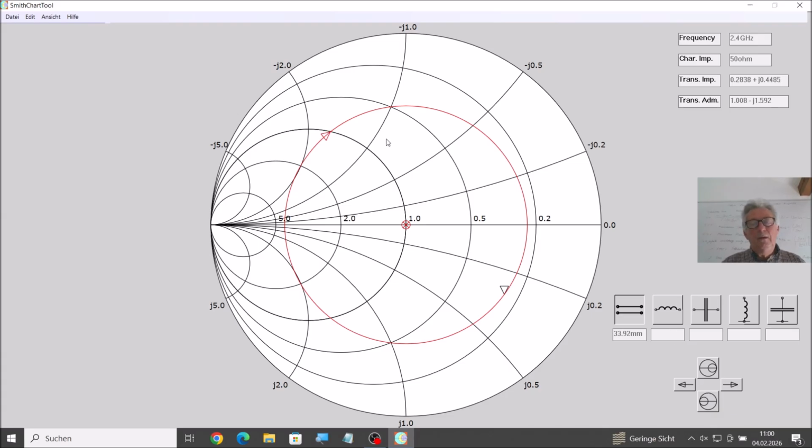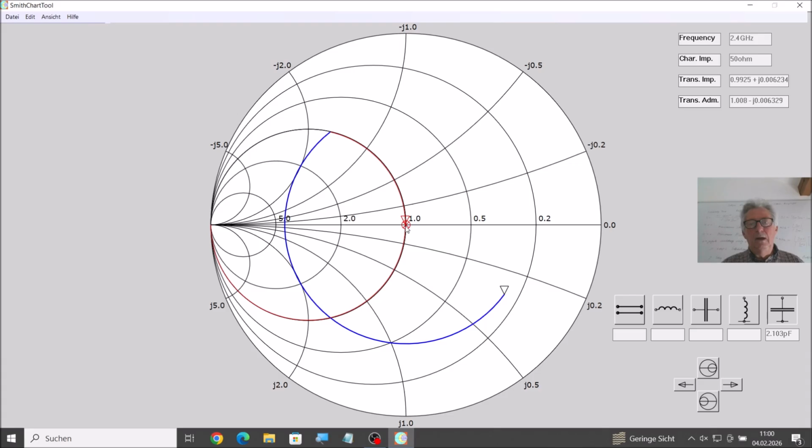And then we can use a capacitor to transform into our goal point, and here we now performed the transformation.